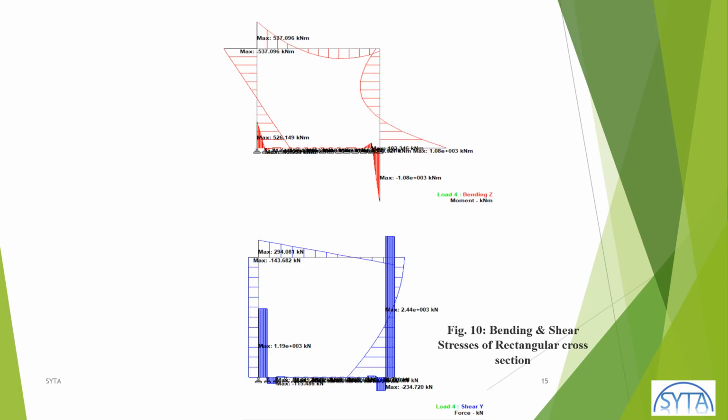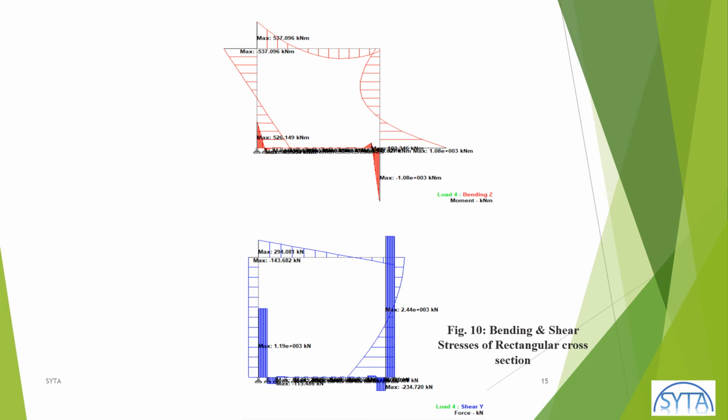These are the bending and shear stresses of the rectangular cross section, which I analyzed in STAAD. The same overburden and the same lateral loadings have been applied, and we can see that due to this regular shape, the stresses at the ends of the intersection are very huge, 537 kilonewton meter.